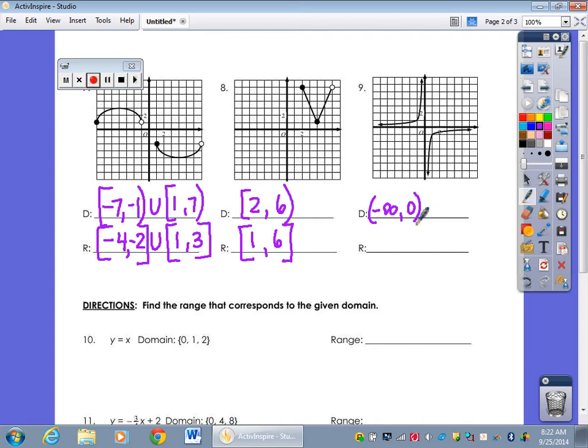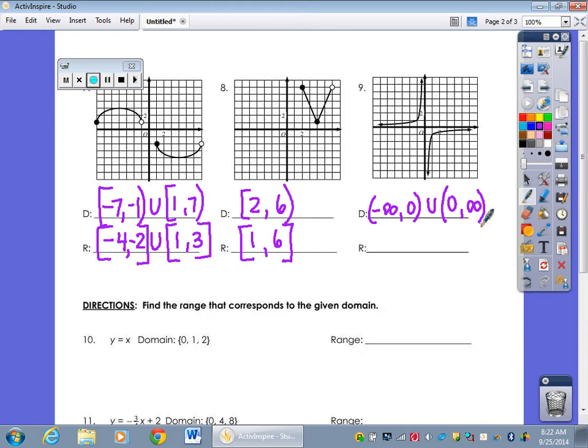So we want to come close to it but not hit it, so we're going to use a parenthesis. And then union, again, we're going to start at 0 but not include it. We want to come close to 0 but not include it, so we're going to use a parenthesis, and that's going to go all the way to infinity. So it's going to look like that.